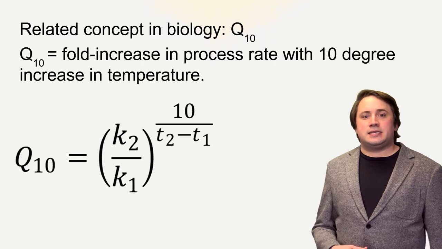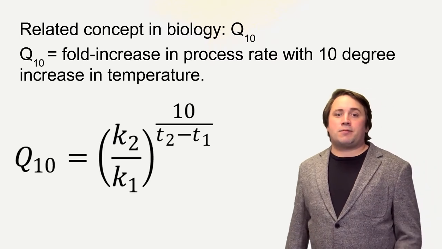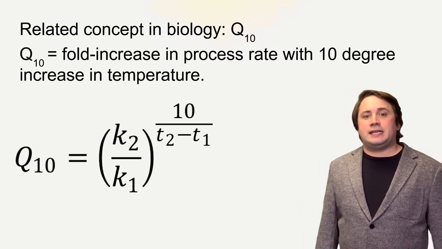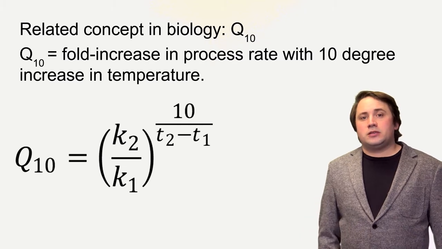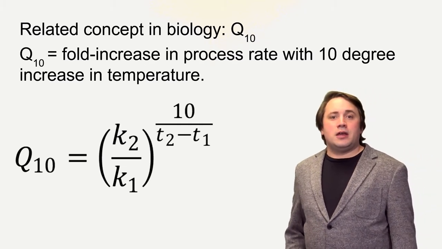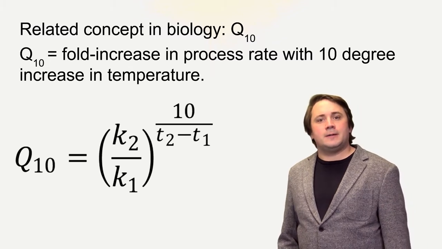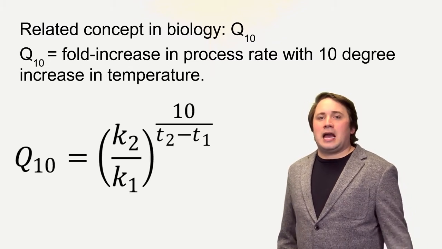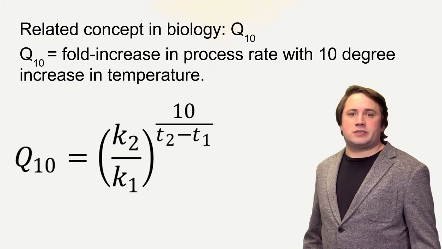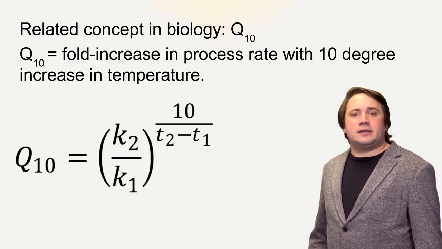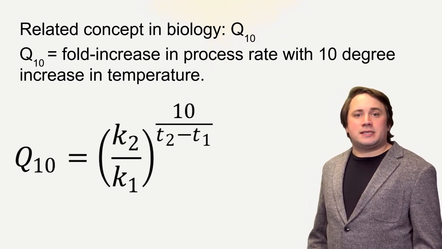And what Q10 is, simply, is the fold increase in a process rate that you see with a 10-degree increase in temperature. So say I went out and I measured a process rate, say the consumption of nitrate, which we've been using a lot, at 12 degrees. And this rate was 2 moles a minute. And then I increased the temperature of my system.